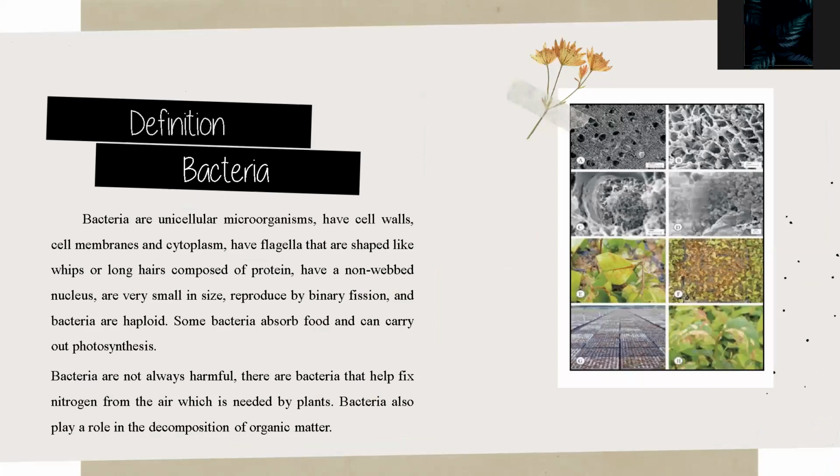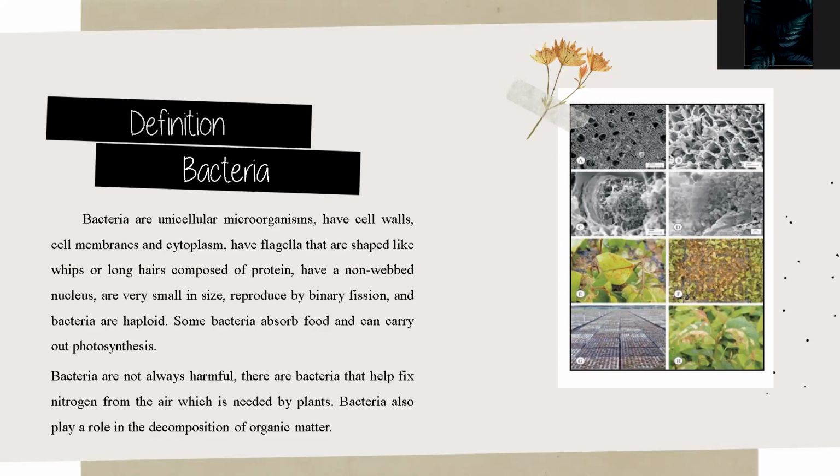The second cause of disease in plants is bacteria. Definition: bacteria are unicellular microorganisms that have cell walls, cell membranes, and cytoplasm, and have flagella shaped like whips or long hairs composed of protein.